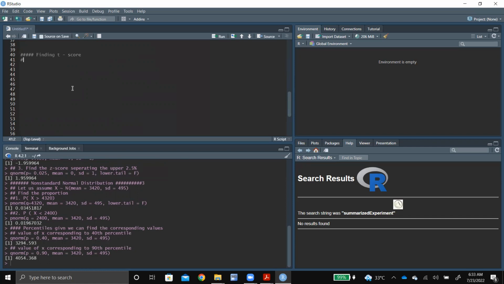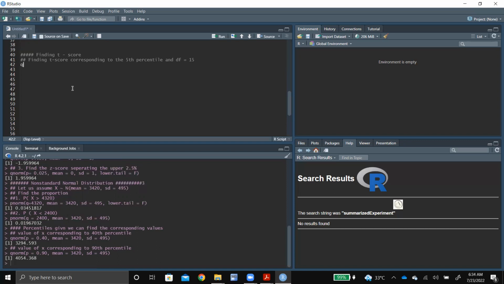So just like the standard normal, we will be finding the t-score corresponding to the 5th percentile and the degrees of freedom equal to 15. Now you must be aware that degrees of freedom is nothing but the sample size minus 1, that is n minus 1.